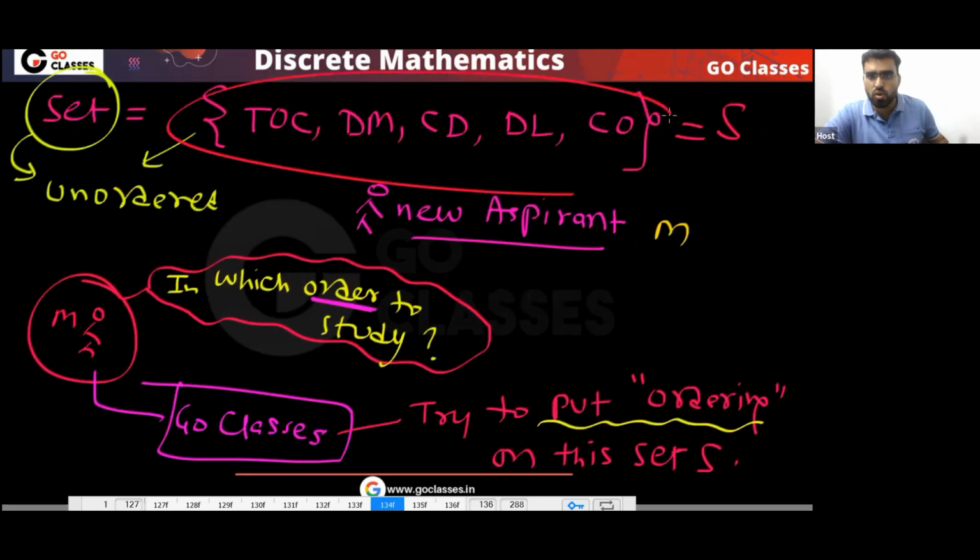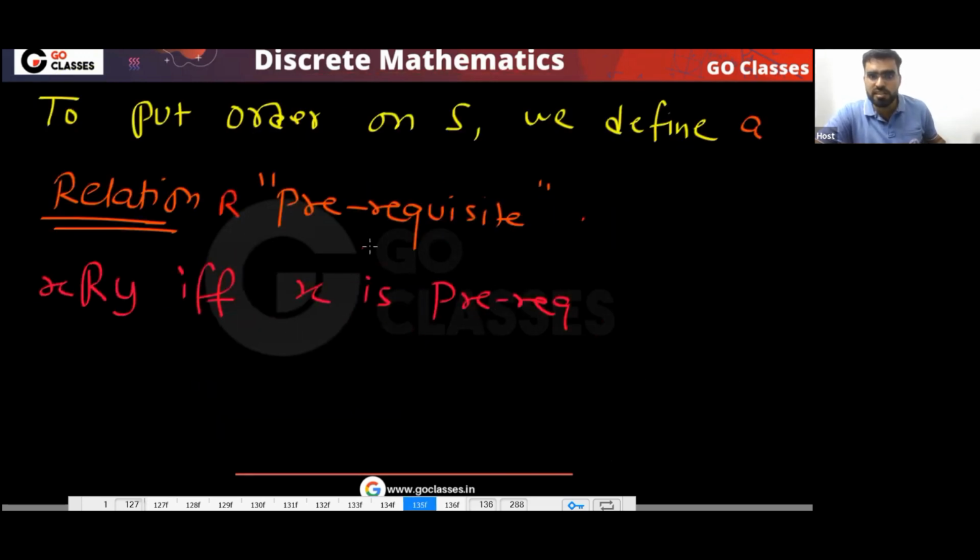So on this set of subjects, I am defining this prerequisite relation. Tell me, is this clear so far? This is what I'm doing to put ordering on set S.